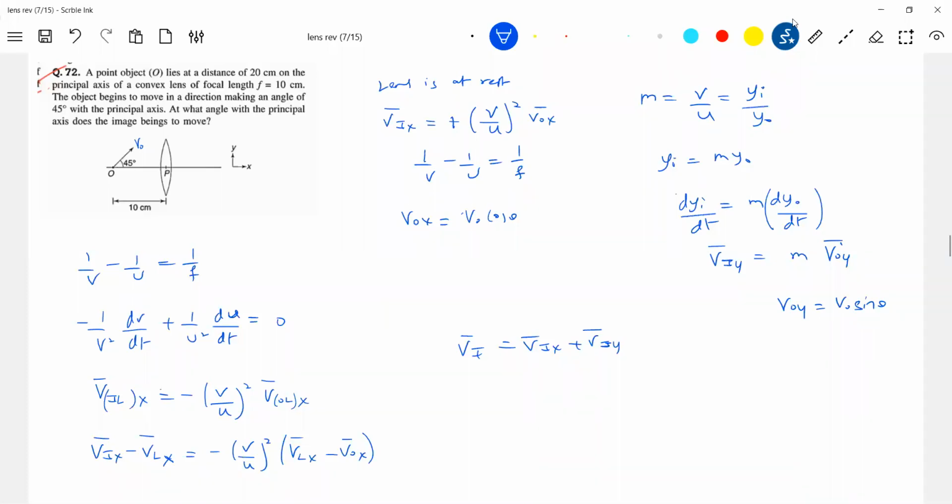I just gave the basic mathematical idea. The same idea as the mirror: the x component is m square times VOx, and the y component is just m into VOy. It should be minus, sir? Which minus? M square into VOx. Yes, negative sign, I think.